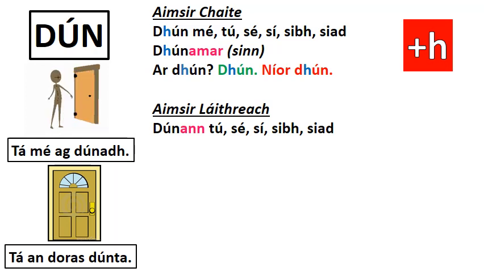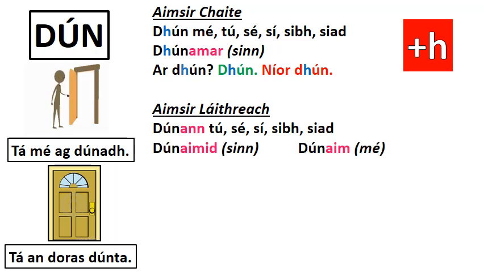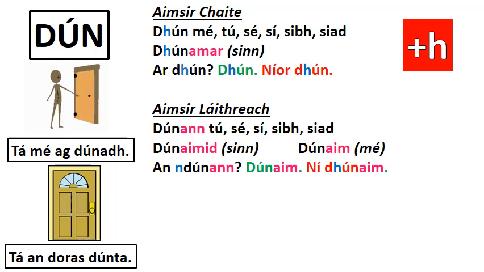So, dúnann. Now, you might notice there's two things missing, because in the aimsir láithreach we have the special ending for we, but we also have a special ending for me as well. So, it's dúnaimid, we close, dúnaim, I close.